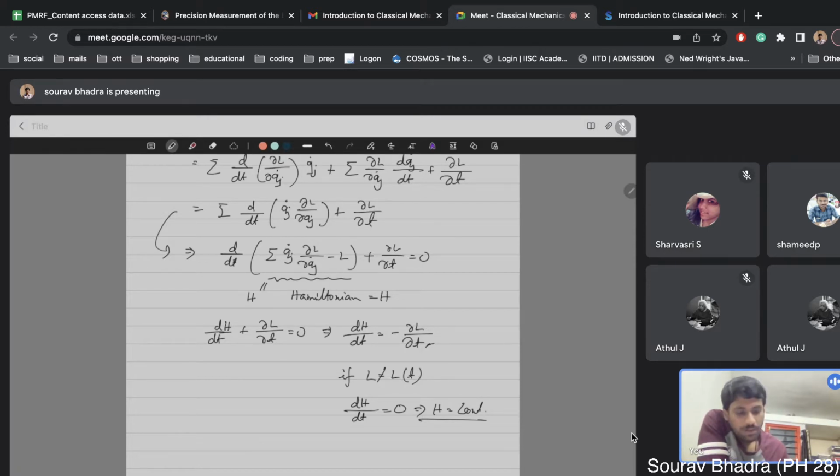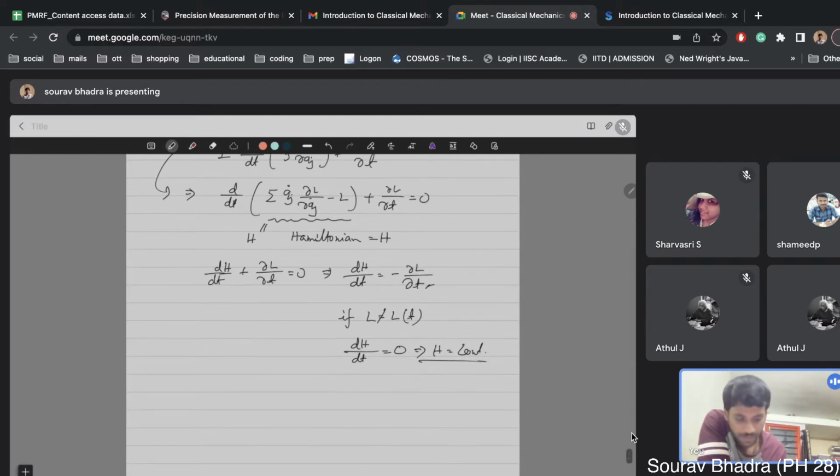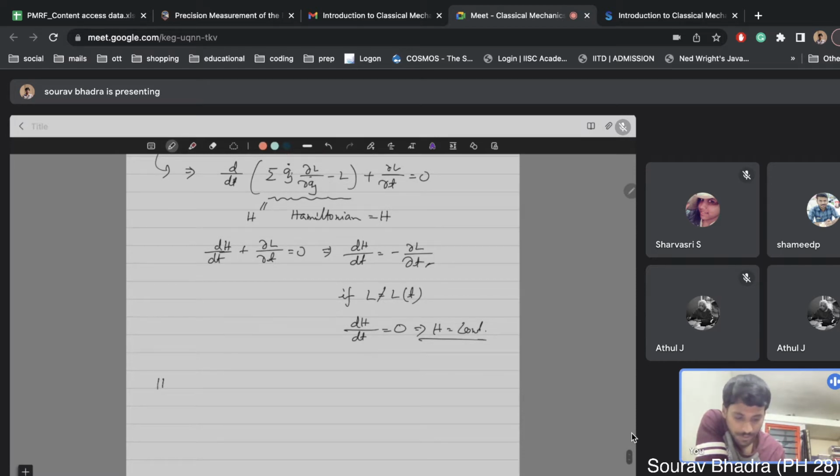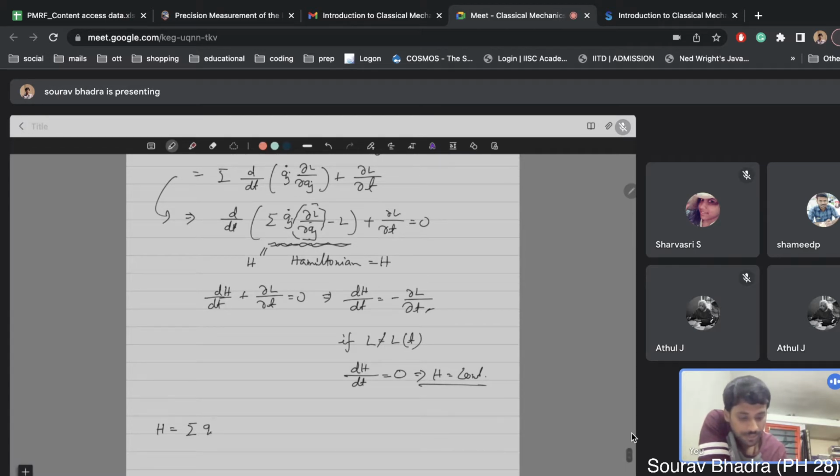Now we will do some problems using this Hamiltonian. Let us first do another mathematical derivation. Our Hamiltonian is, as shown here, and this del L del qj dot term is actually the momentum pj. So it can be written as qj dot pj minus L of q, q dot and t.